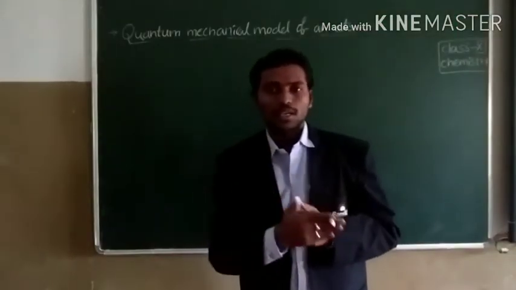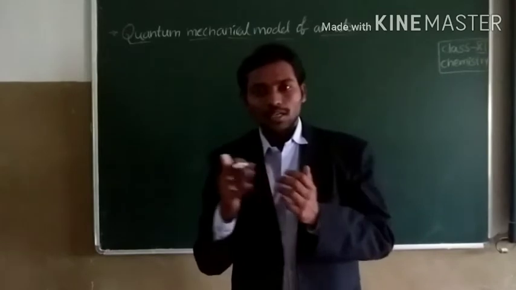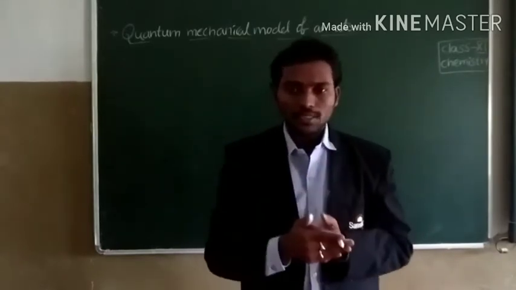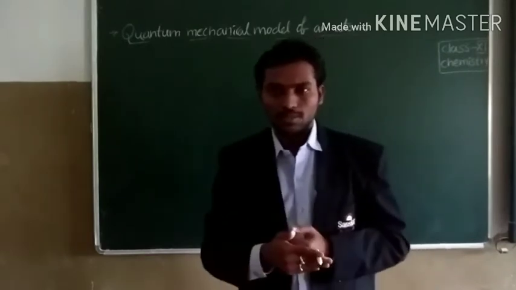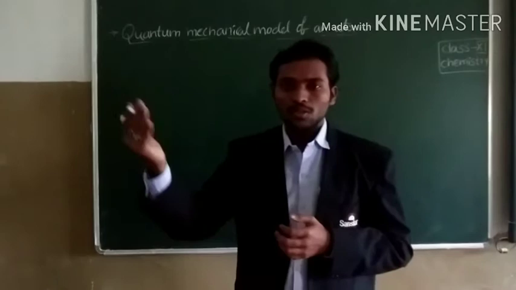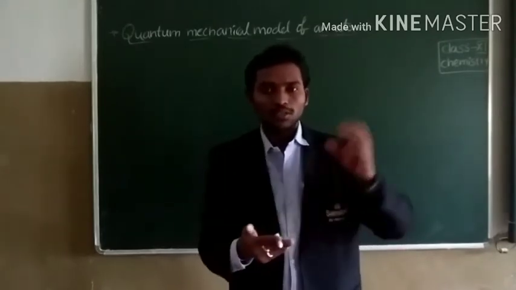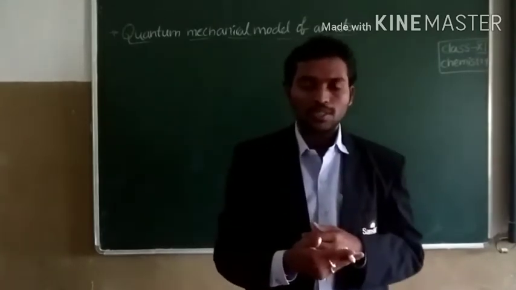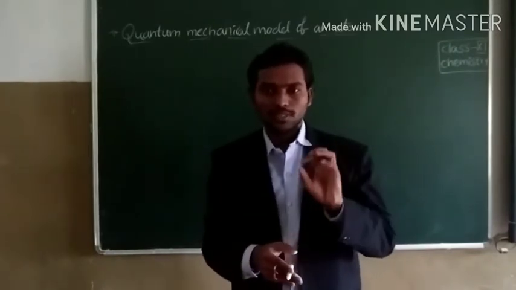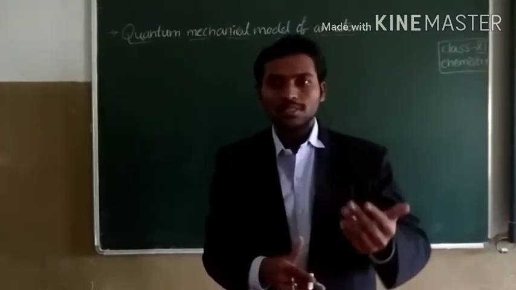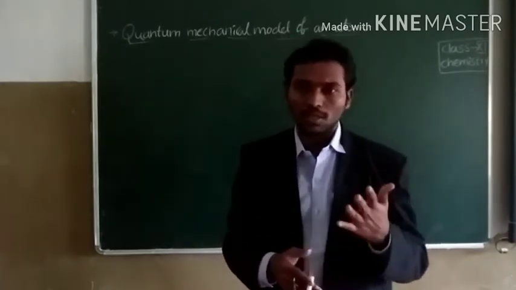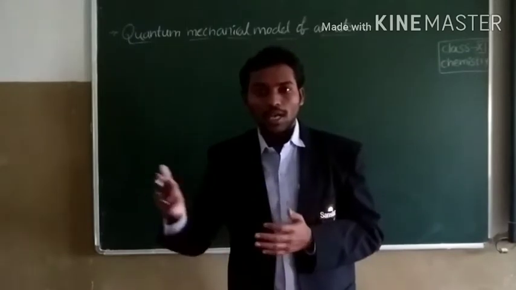Classical mechanics describes properties of macroscopic objects, such as Newton's laws of motion, planetary motion and falling objects. But coming to microscopic objects, quantum mechanics describes the nature or behavior of subatomic particles such as electrons, protons and even atoms and molecules.